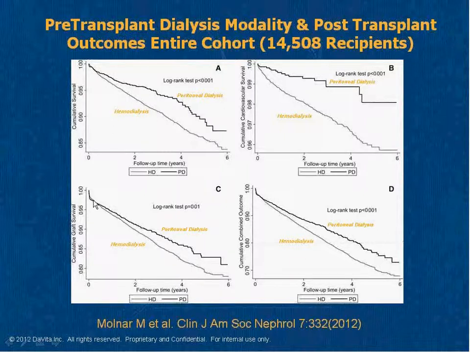The graft survival, or kidney transplant survival, was also better for peritoneal dialysis patients. The cardiovascular survival was much better for patients who had been on PD prior to transplantation, and the cumulative survival of all these factors was indeed superior for peritoneal dialysis patients. Now, this is done for the whole group of 14,188 patients.